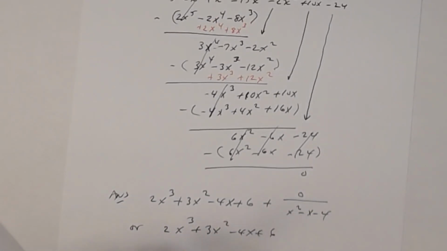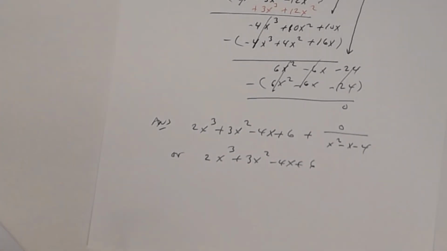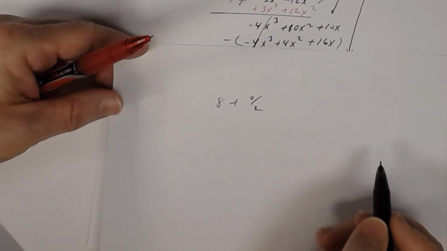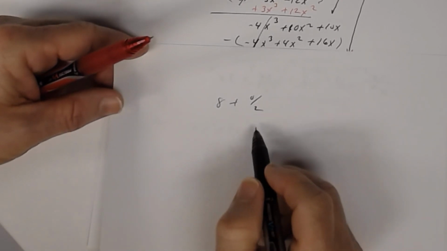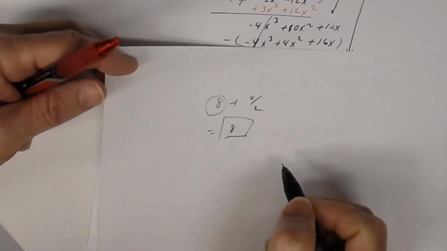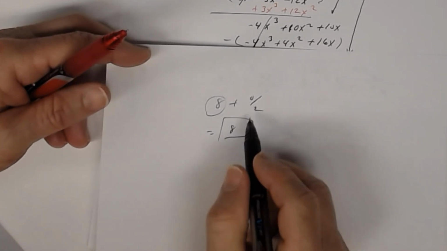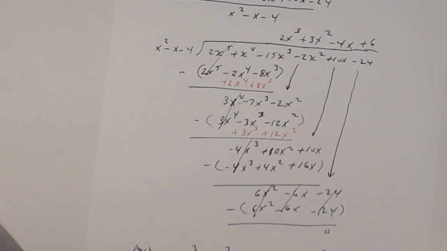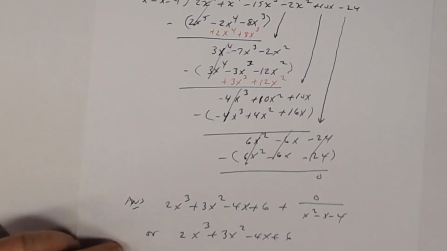It kind of makes sense because if I have something like 8 plus 0 divided by 2, 0 divided by 2 is 0, so I can just write that as 8. 8 plus 0 is 8. All right, so that was number 1. Notice in number 1, I did get a remainder of 0.